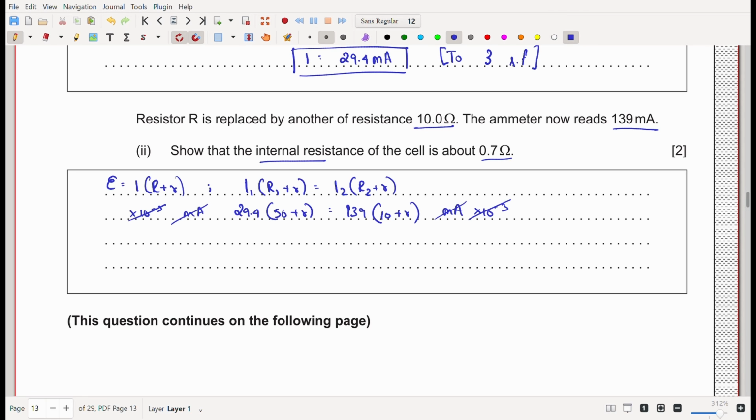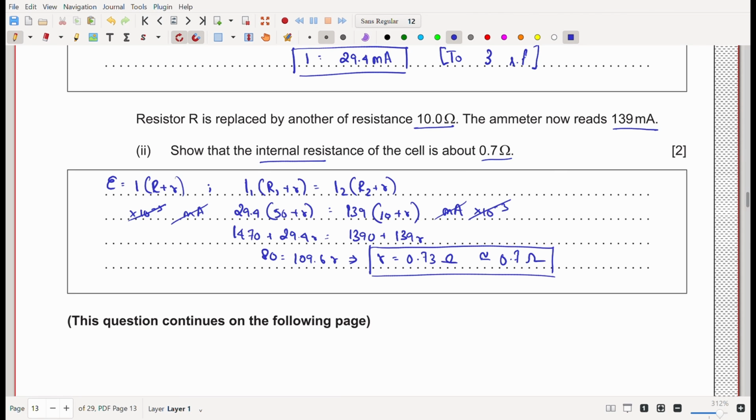Now, when we expand this, we will get 1470 plus 29.4 R is equal to 1390 plus 139 R. This gives us 80 is equal to 109.6 R, which means that the resistance R is equal to 0.73 ohms, which is approximately equal to 0.7 ohms.